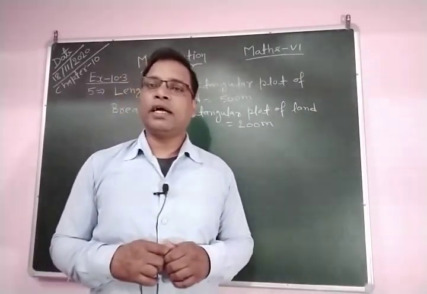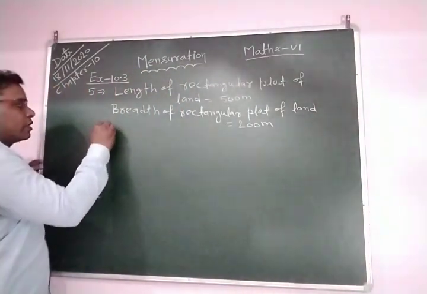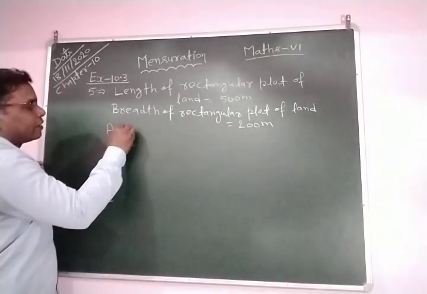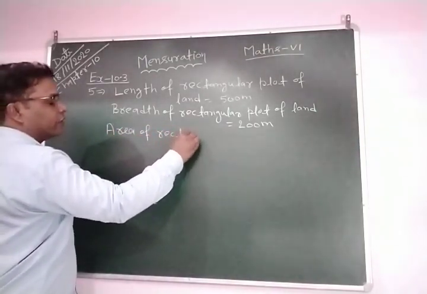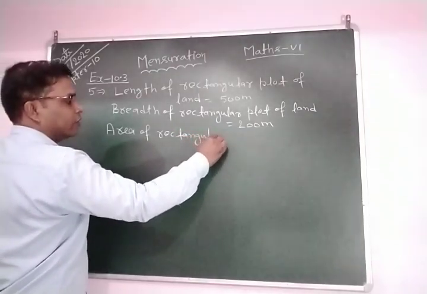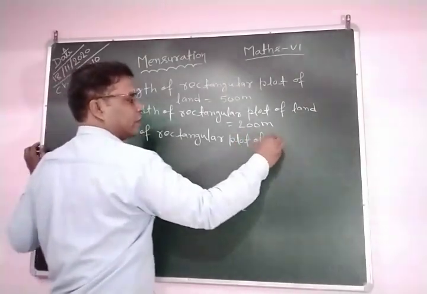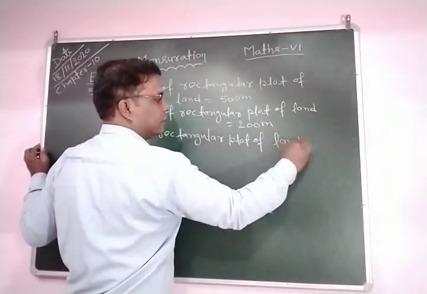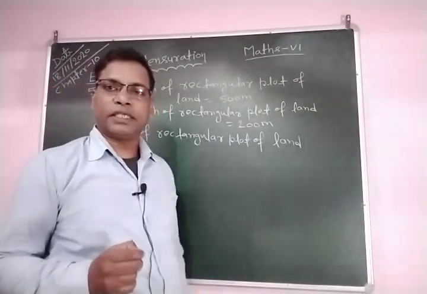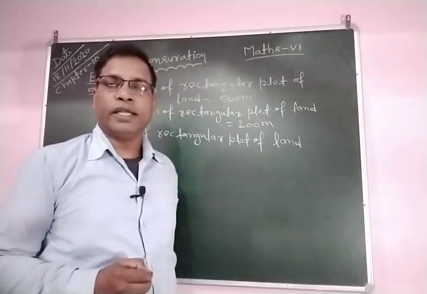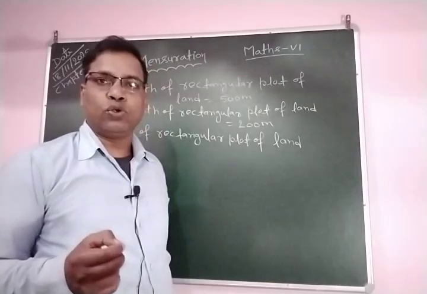So we need to find the area of the rectangular plot of land. The plot is the shape of a rectangle, so the area of the rectangular plot of land is length into breadth.